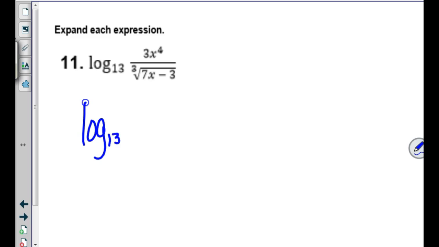Log base 13 of, what do you want to do? How do you get rid of this top? There's multiplication going on, so we change it to what? Yep, the 4 is going to go up front.